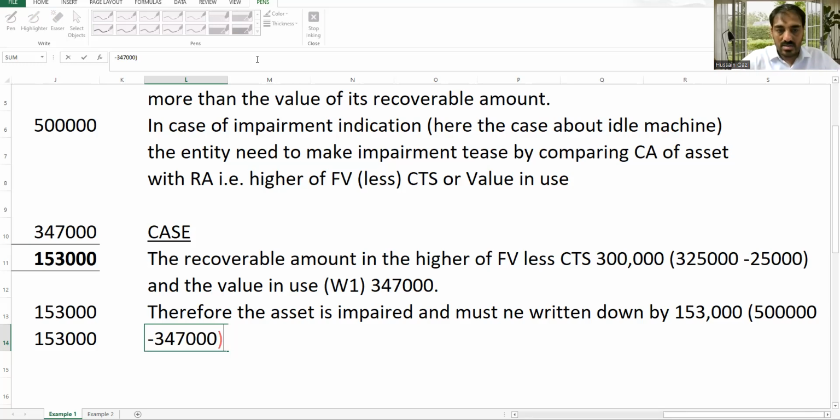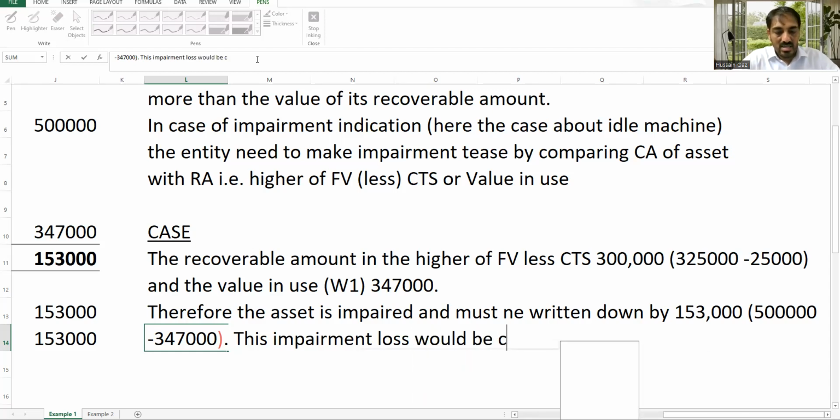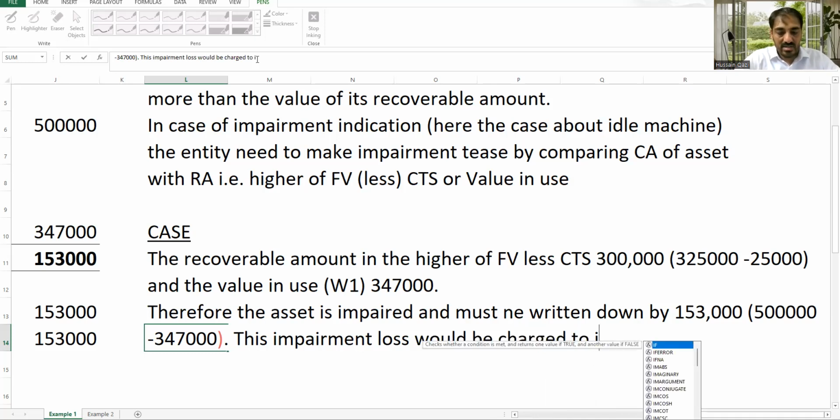This impairment loss would be charged to income statement.